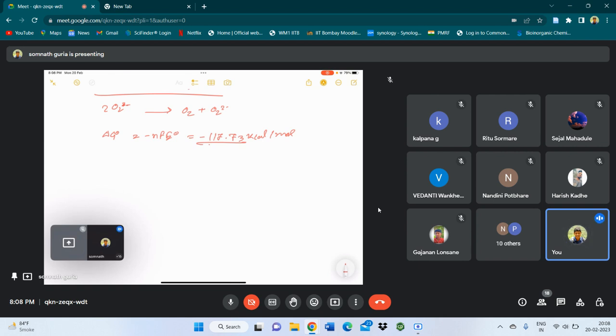So this is the superoxide, this is the oxygen, and this is the peroxide. Here the oxidation state is 0, here the oxidation state is -1, and here each oxygen atom has the oxidation state of -0.5, one electron shared by both oxygen atoms.